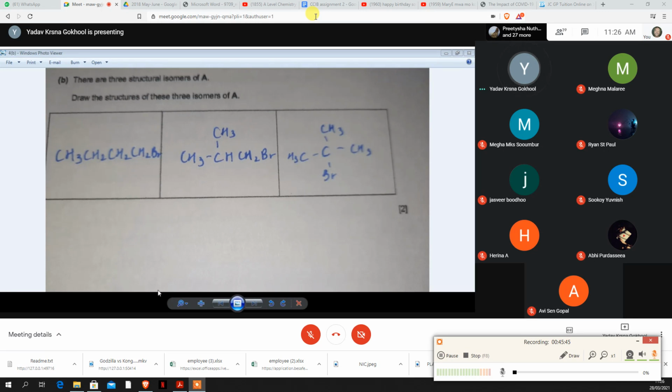Then number 2, we have 1-bromo-2-methylpropane.